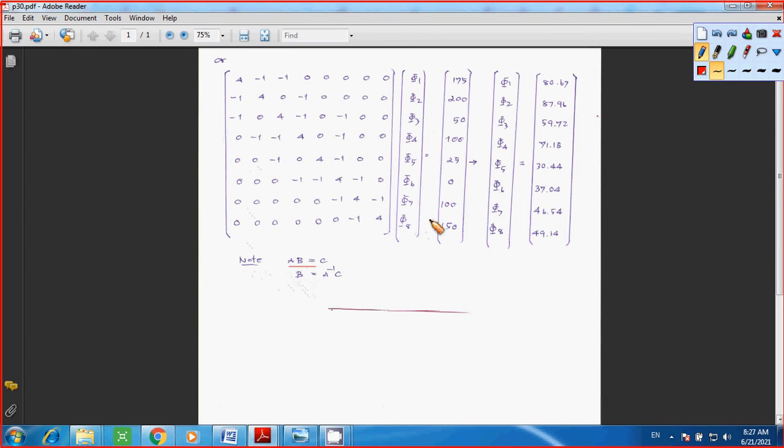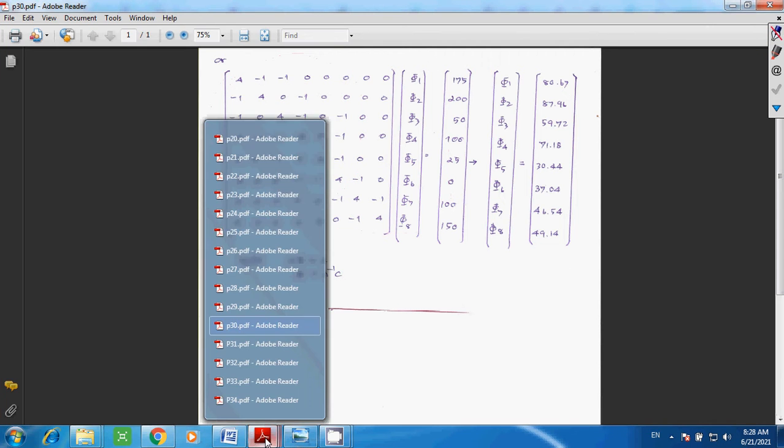So your B or your phi equals the inverse matrix of A, or the inverse of this matrix, times C. This is your C. And finally I have phi1 equal to 80.67, phi8 equal to 45.14. So that's how you find the potential at each match.